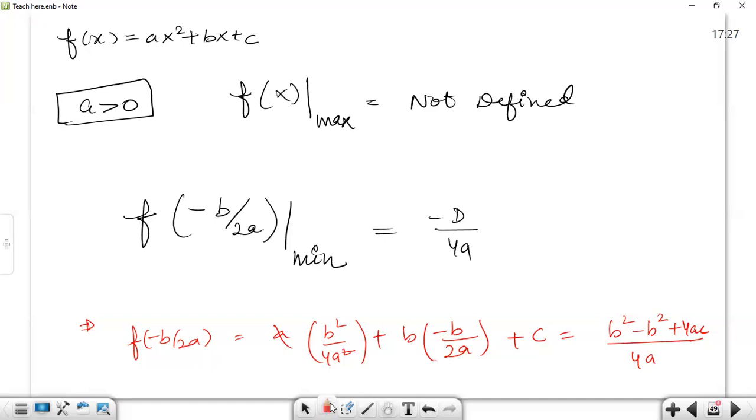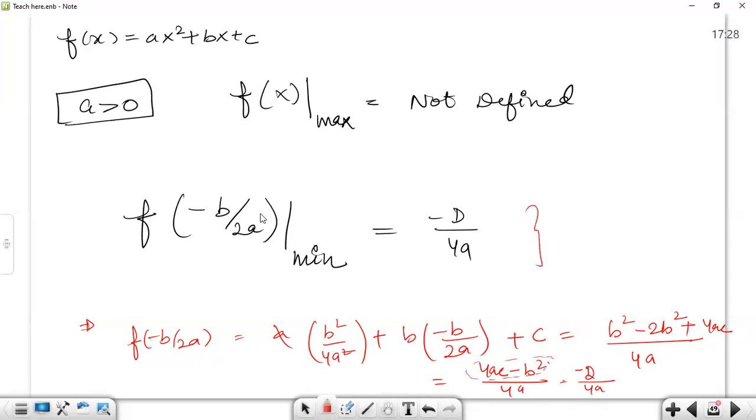Now 4a divided by 2a will give us 2. So minus of 2b square plus 4a into c, 4ac. So this becomes 4ac minus b square upon 4a. Now we can see that this is a particular number which is the discriminant. It is minus of the discriminant, minus d by 4a. That's how we have written so.